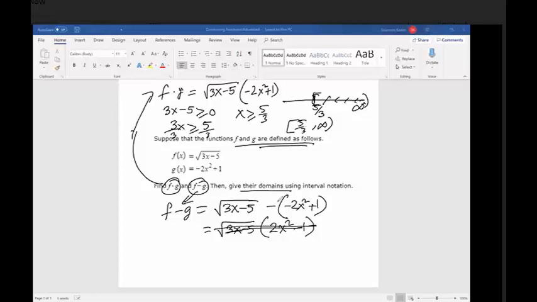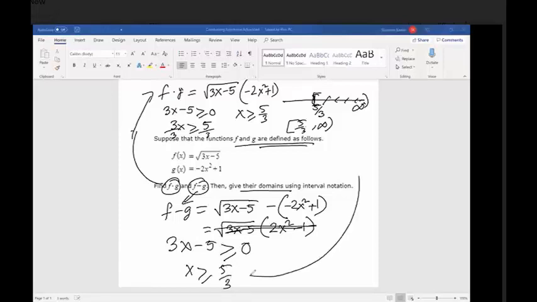Now we will find the domain of that, and again the condition is the same as the last one. 3x minus 5 has to be bigger or equal to 0, so x has to be bigger or equal to 5 over 3. So the answer will be the same as this one.